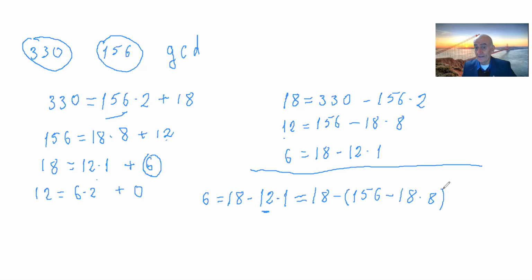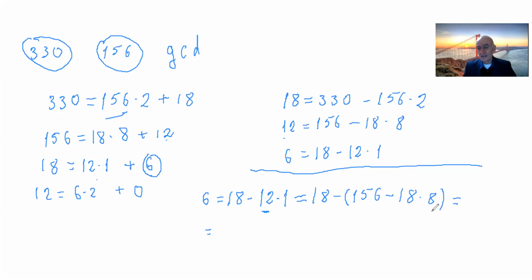I hope you are writing it down. Let me continue. And I think you guess the next step. But now let's simplify it. If we simplify it, I hope you guess the next step: there will be 18, and we will replace it by the first expression.